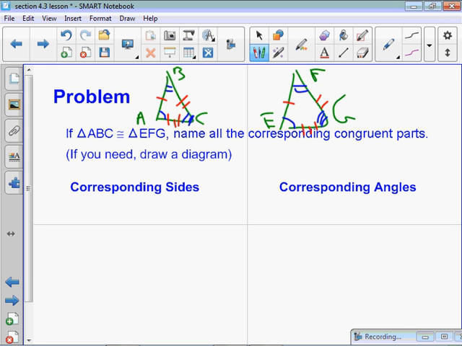You would do it like this. Corresponding sides, AB corresponds to EF, etc. I'm not going to list them all out because I'm trying to be quick on this, but you can figure out what the rest of them are. Okay.